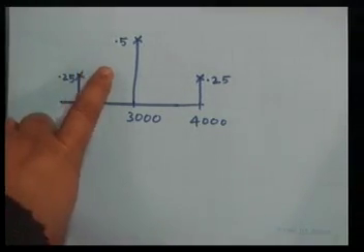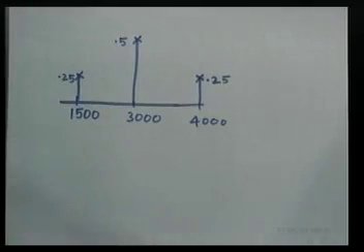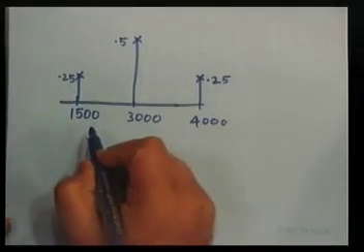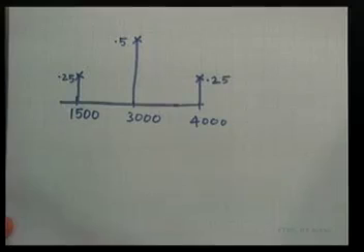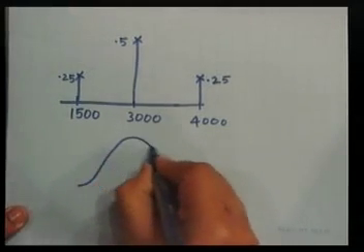There is a 50% chance that I am going to get 3000 return, and there is again a 25% chance that I am going to get 4000 rupees as return at the end of year 1. This is again a simplistic approach. In real life situation, the values may not be out of these three alone. There could be a distribution like this.